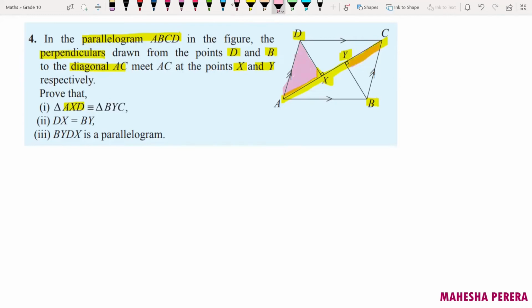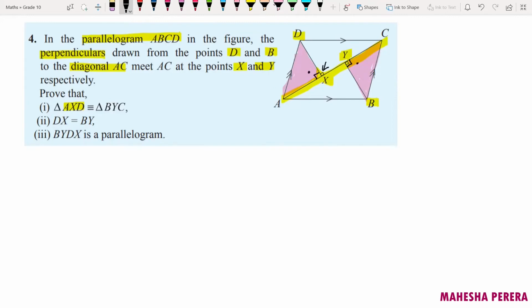BYC is here. Right, now can you see that this DX is a perpendicular? In that case, this angle is 90 degrees, then definitely this angle becomes 90 degrees, right? And this angle also 90 degrees. So these angles are equal, right?